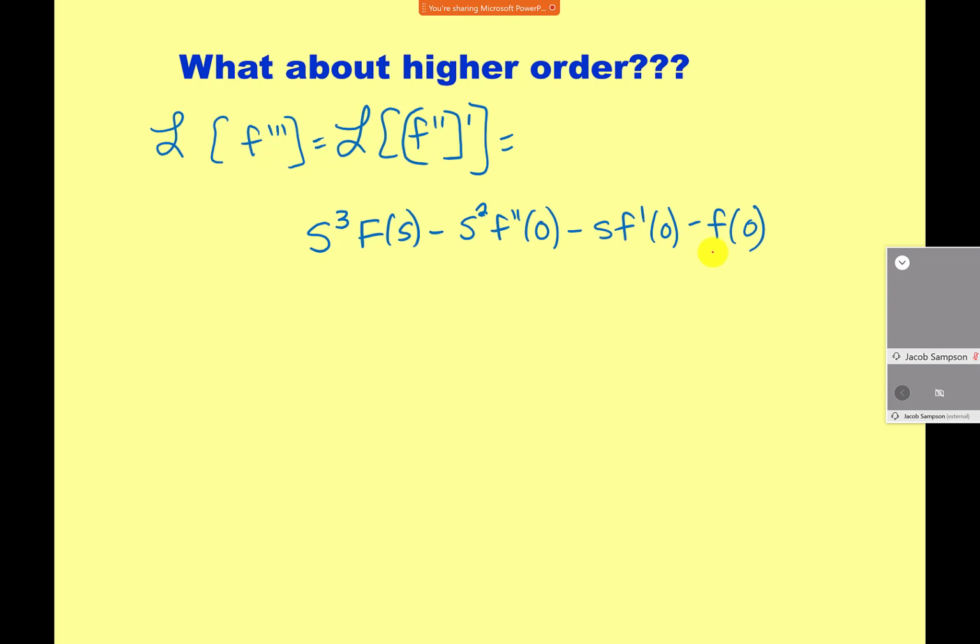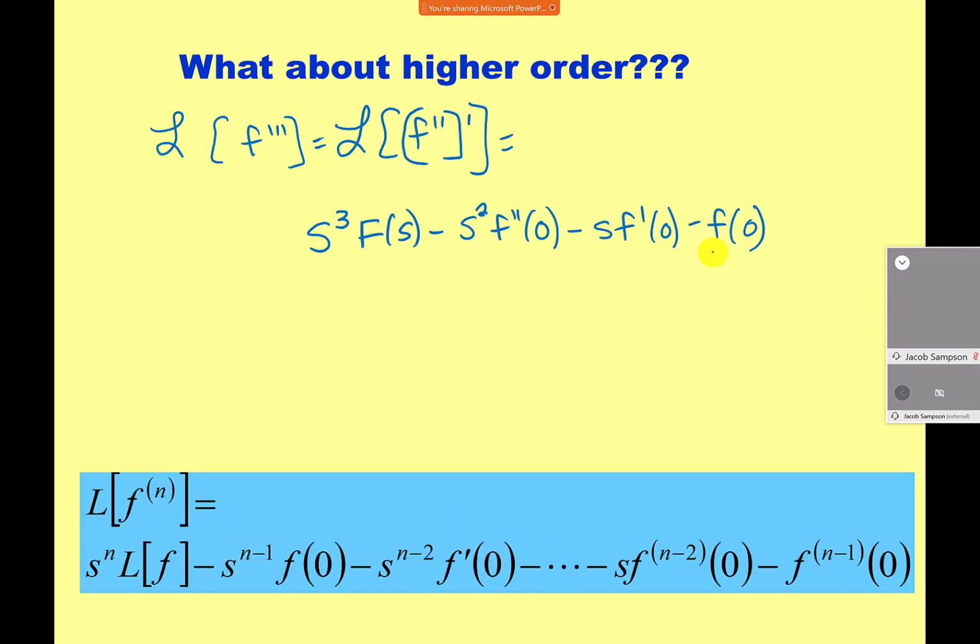This will generalize as we keep taking derivatives, and so this is what it's going to look like. If you want to Laplace transform an nth derivative, any given one, it's going to be s to that power times the Laplace transform, and then the initial values. I got these backwards, because think about when I do them, it starts with the 0 and then they increase.